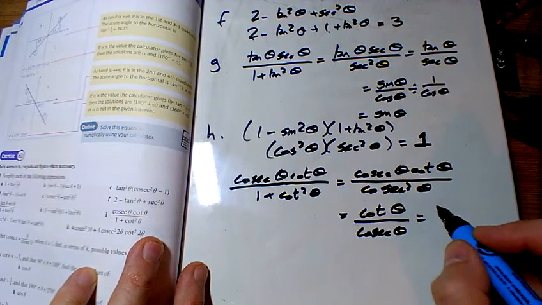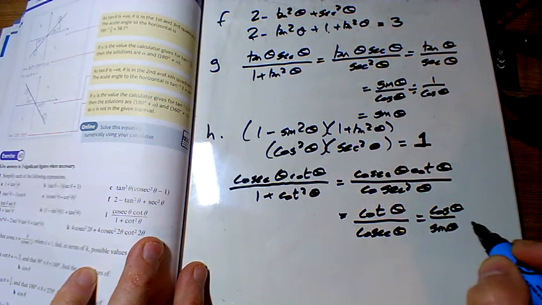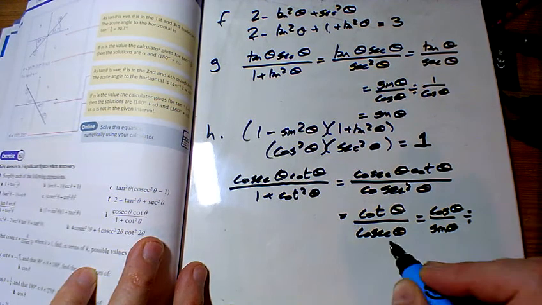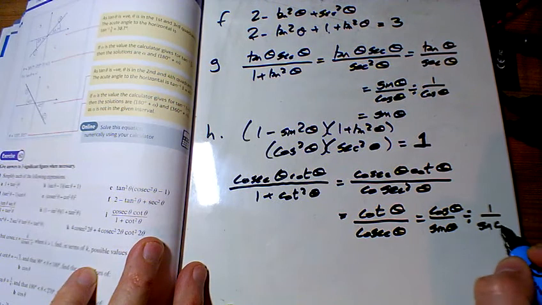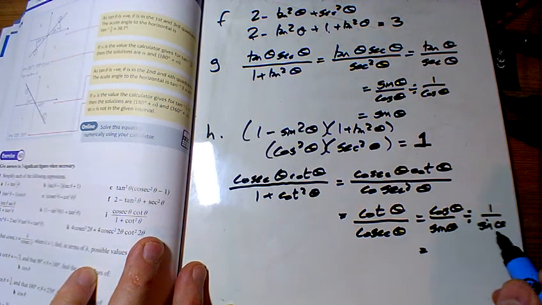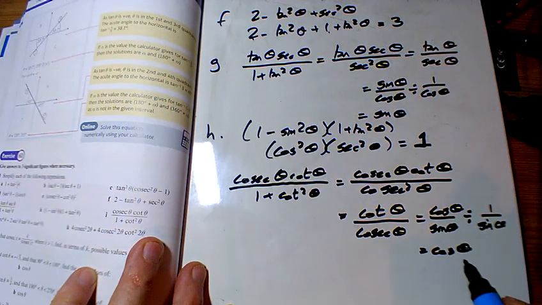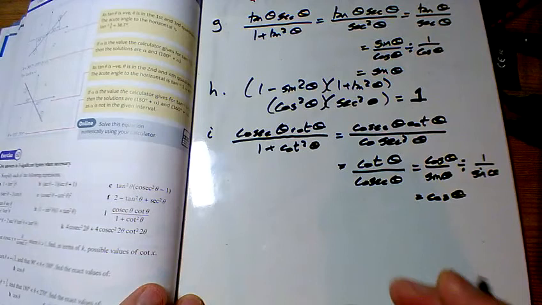Now cot theta is an upside down tan, so it's cos theta over sine theta, and I'm dividing by a 1 over sine theta. Again, if I'm dividing, multiply by the reciprocal. It is very similar to G, leaving us with cos theta for I.